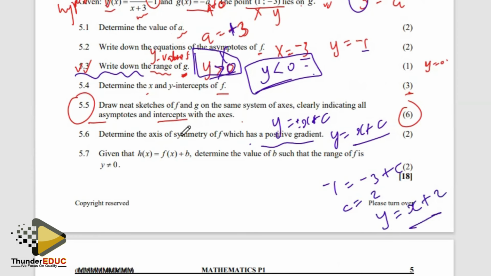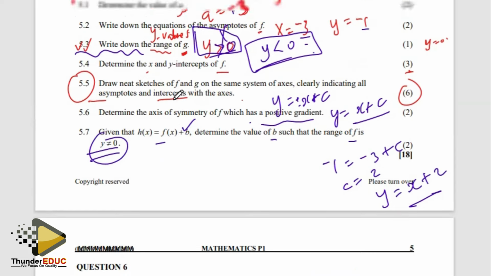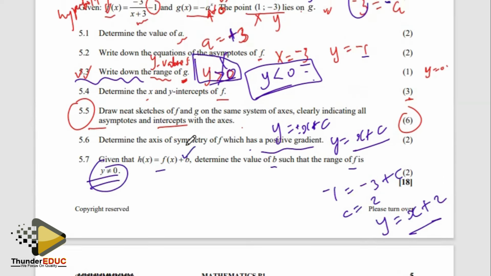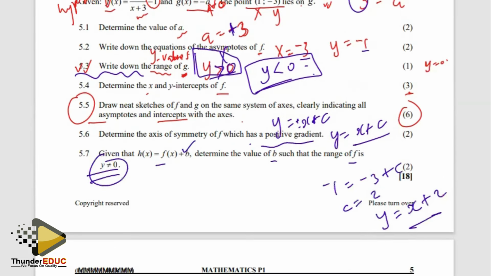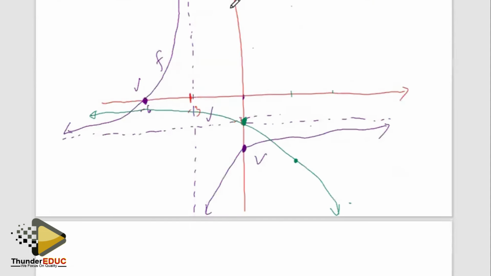All right, then 5.7, if it's given that h of x is f of x plus b, they want us to determine the value of b such that the range of f is not equal to 0. Okay, so this b is just a shift. In other words, we are shifting the hyperbola, so that y is an asymptote at the x-axis here.